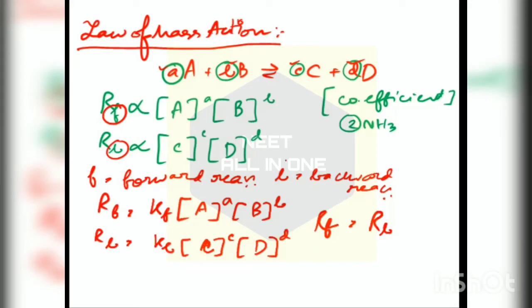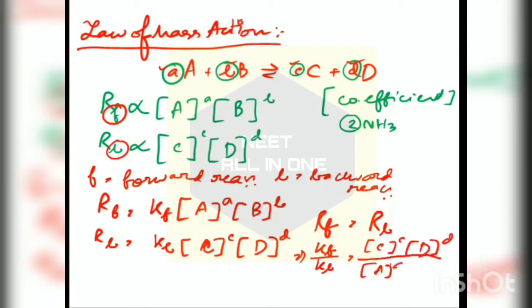So what happens? These two reactions will be equal to each other. Okay. So it will be like this: kf by kb equal to [C]^c [D]^d by [A]^a [B]^b.